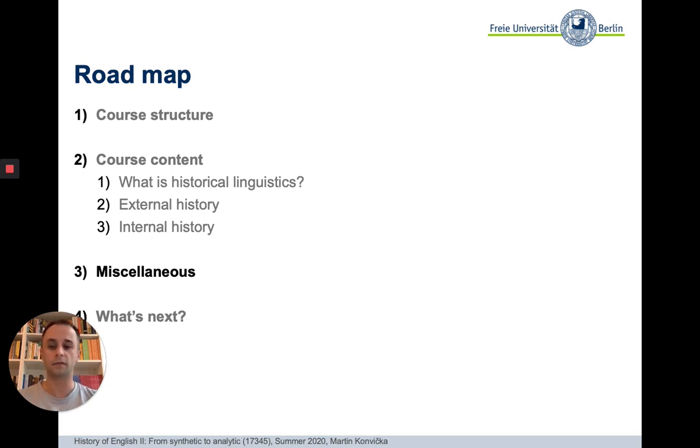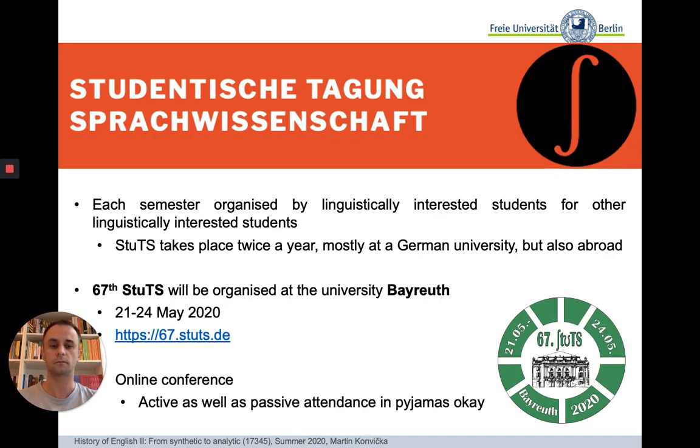In the beginning of this video, I promised that I'm going to talk about some things that are not directly relevant to our course, but that might nevertheless be interesting for you. The first thing that I wanted to mention is the Studentische Tagung Sprachwissenschaft, or the so-called STUTZ.